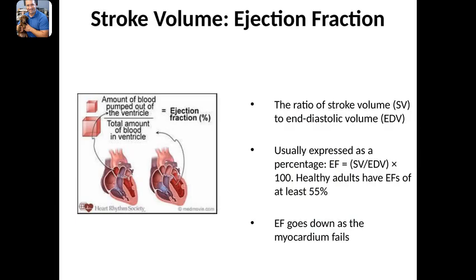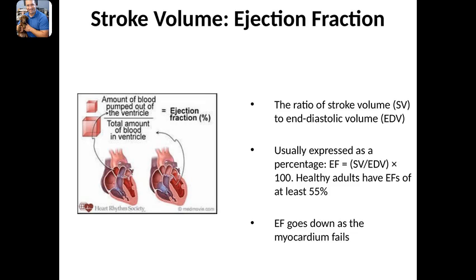Stroke volume is an equation. It's very simple. Of the amount of blood that we have in a ventricle, how much of it can we eject per beat? So if we have a completely full left ventricle, right ventricle, how much of that do we actually expel when we squeeze?